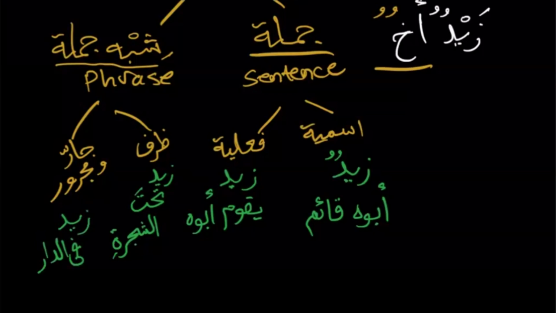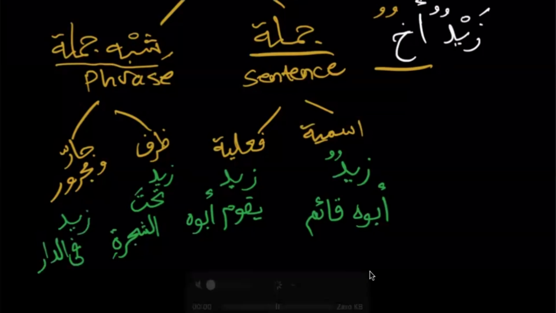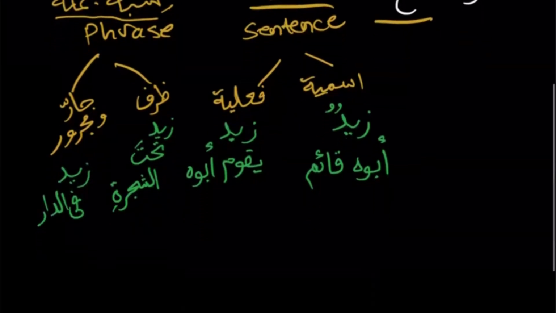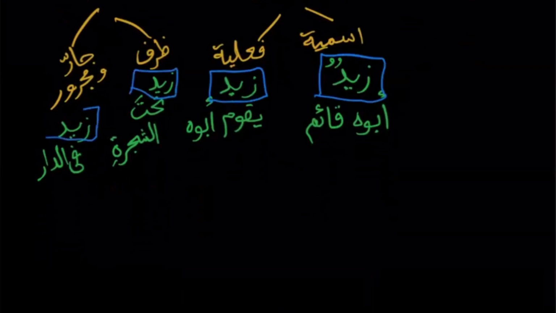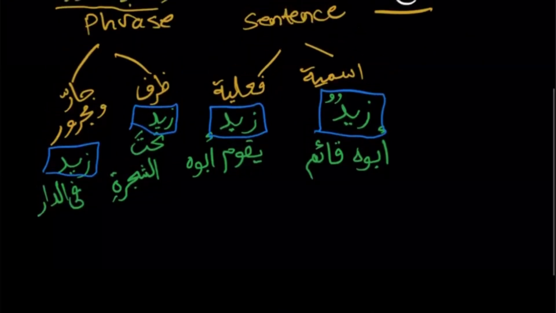Okay, inshallah, all that's clear. Let's investigate these. Zayd is the mubtada in all of these, marfu'. In the first one, Zaydun abuhu qa'im, abuhu is a mubtada, qa'im is a khabar.